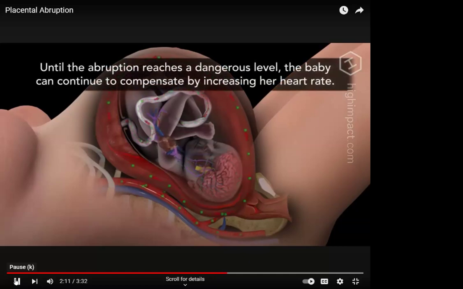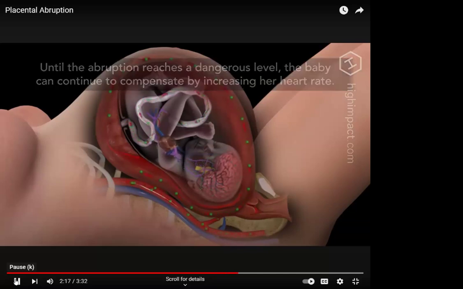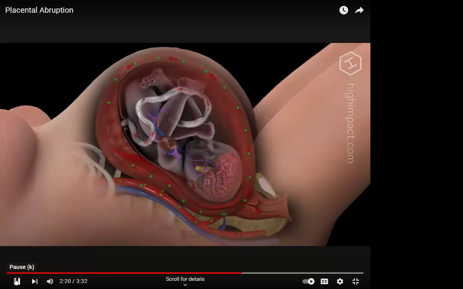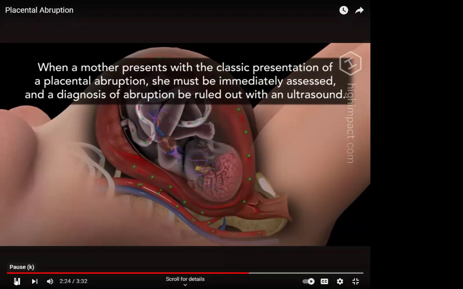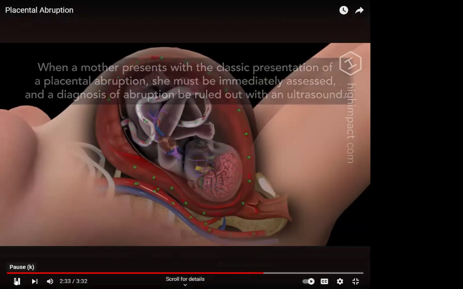Until the abruption reaches a dangerous level, the baby can continue to compensate by increasing her heart rate. When a mother presents with the classic presentation of a placental abruption, she must be immediately assessed and a diagnosis of abruption be ruled out with an ultrasound.